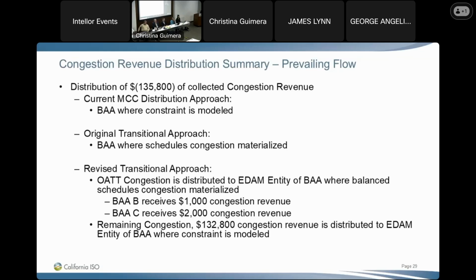However, if you are exercising your rights, then we will calculate the amount of congestion hedge associated with that OAT schedule and provide it to the entity for them to give the hedge to their customers. This same mechanism applies to ETC TORs, except the ISO will give it to the customers directly.